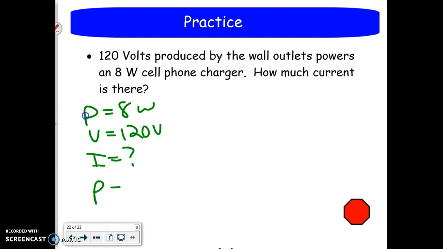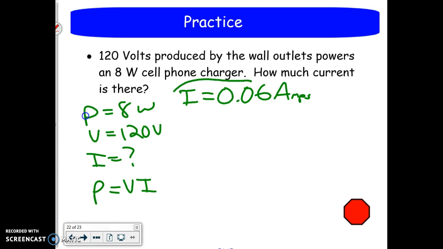So P equals VI. And in this case, the current will equal, sorry, I just got to reach my calculator here. 0.06 amps. That's it. Not too hard.